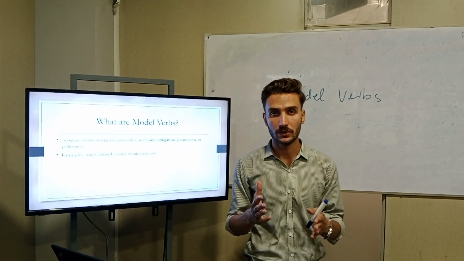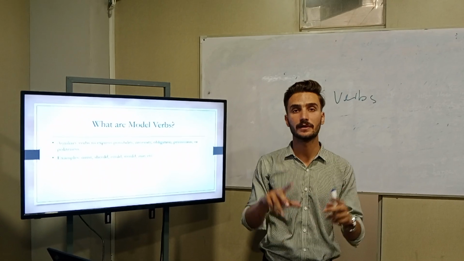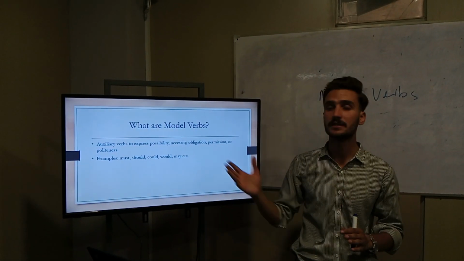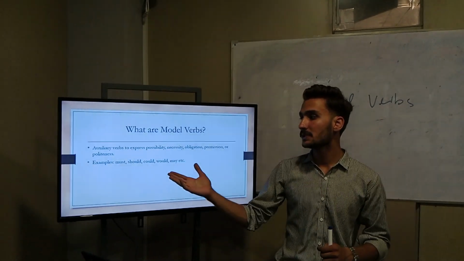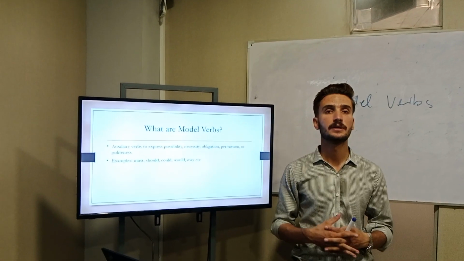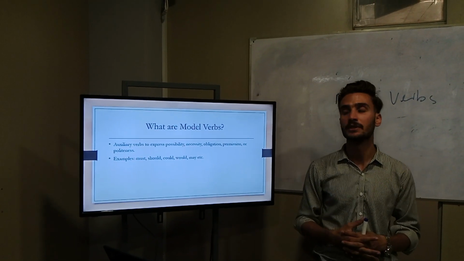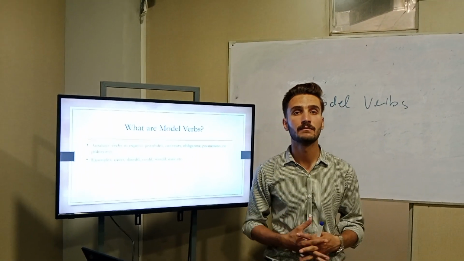There are multiple usages of modal verbs based on the context. For example, we can use modal verbs for possibility, necessity, obligation, permission, and politeness. Examples of modal verbs are must, may, can, could, shall, should, ought to, would, etc.